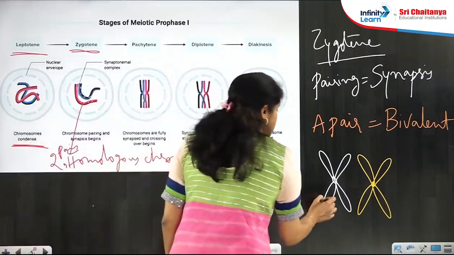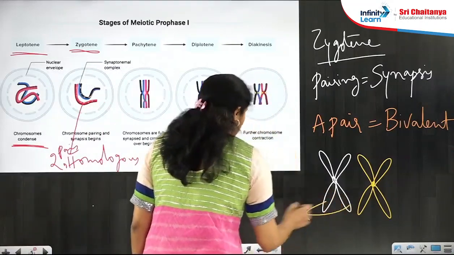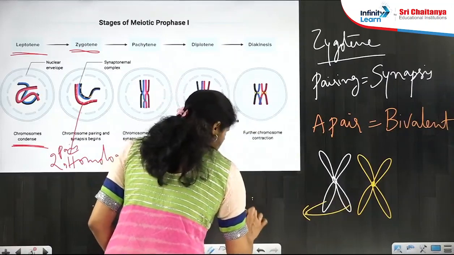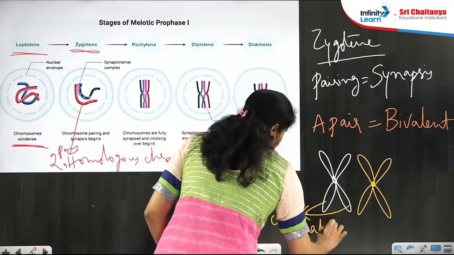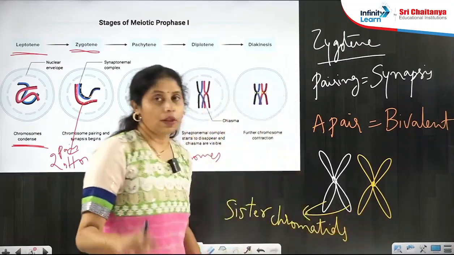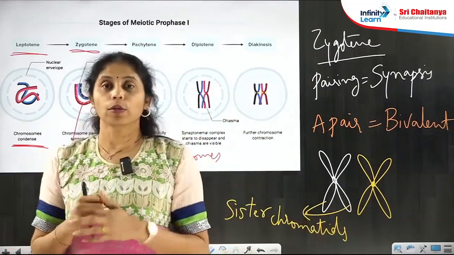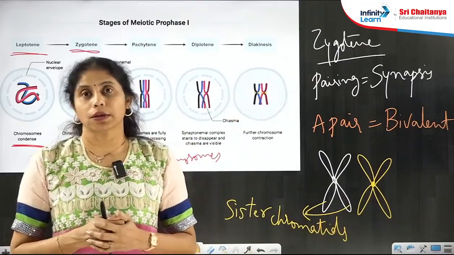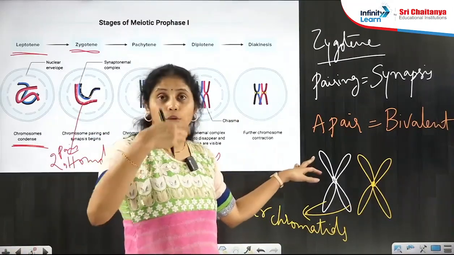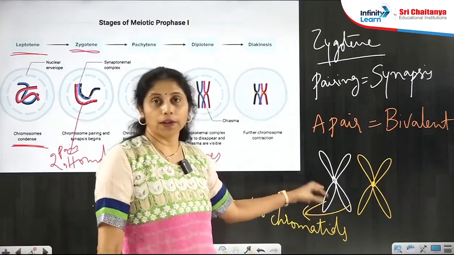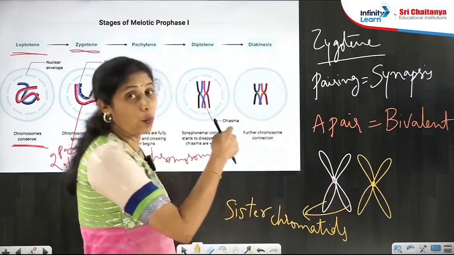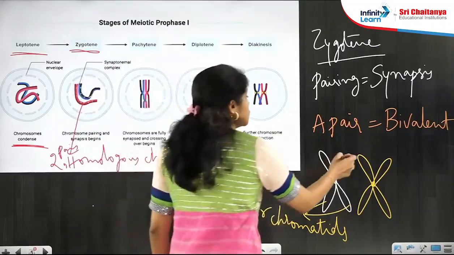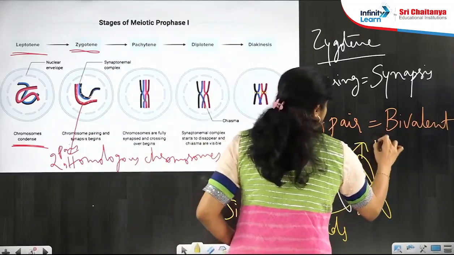The two chromatids that belong to one chromosome are called sister chromatids. So for the white one, the two white chromatids are sister chromatids. For the yellow one, the two yellow ones are sister chromatids. But if you take one white and one yellow, these two are called non-sister chromatids.